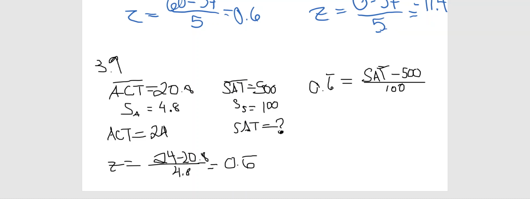I'm going to multiply both sides by 100 to get rid of that denominator. Can you imagine trying to do this on your own? So 66.6 repeating, just move the decimal place twice, is the SAT minus 500. And then I'm just going to add 500.